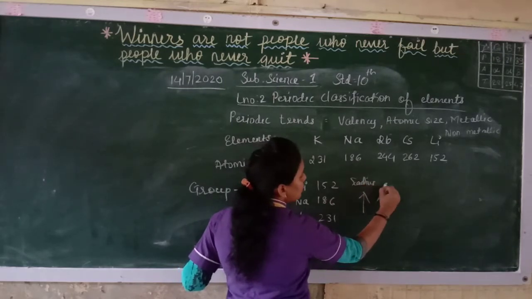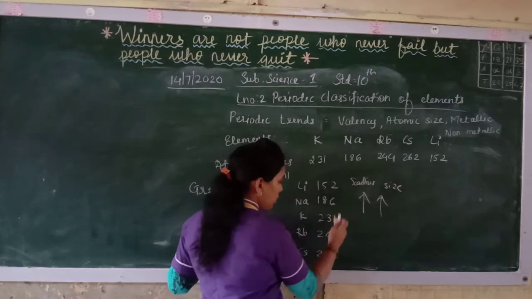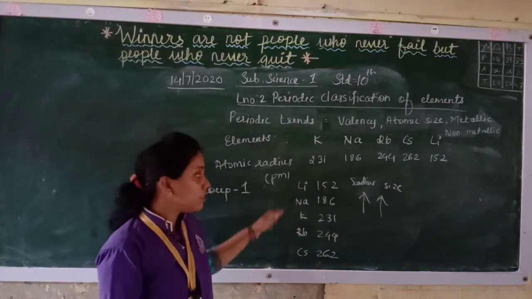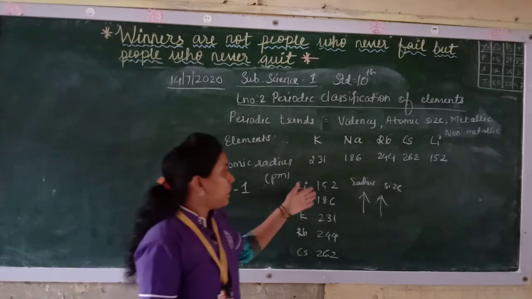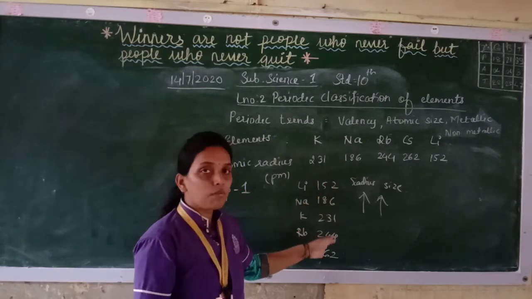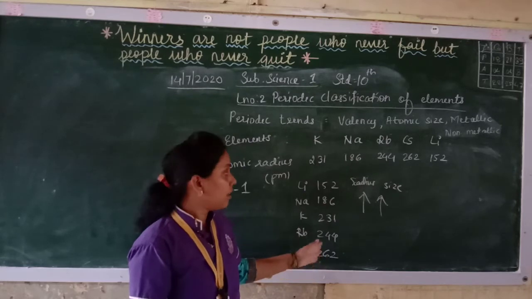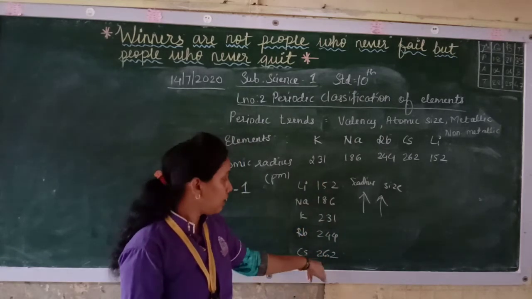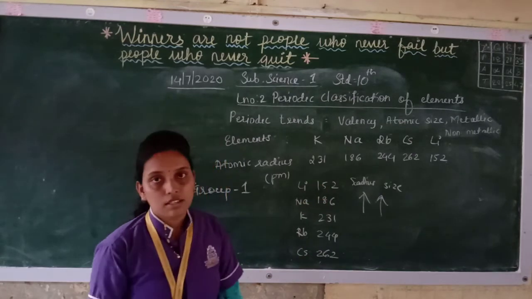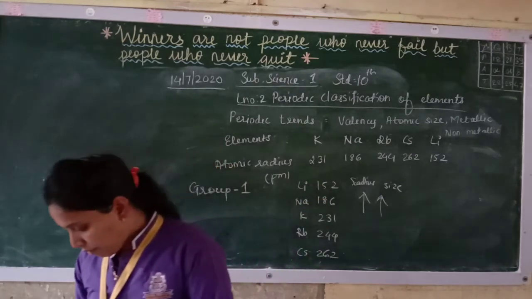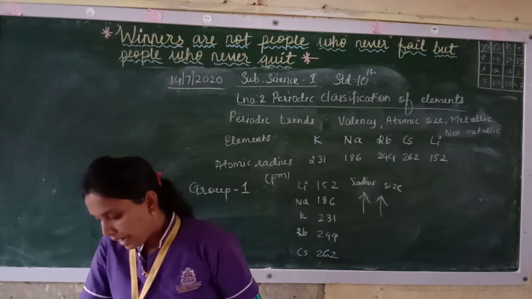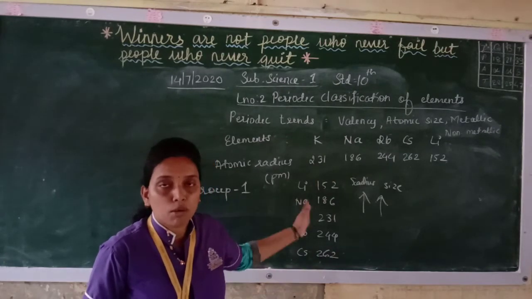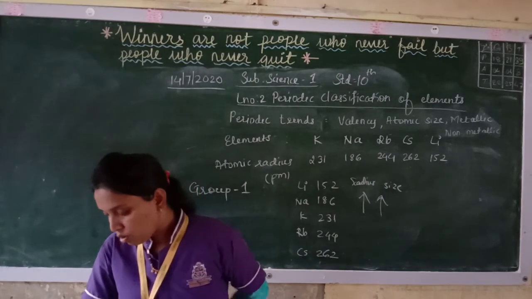So down the group, atomic number is increasing, and as a result the atomic radius is also increasing, and because of atomic radius, atomic size is also increasing. See, you can see this example. Further you will find that by going down the group, from top to bottom, the atomic size goes on increasing.